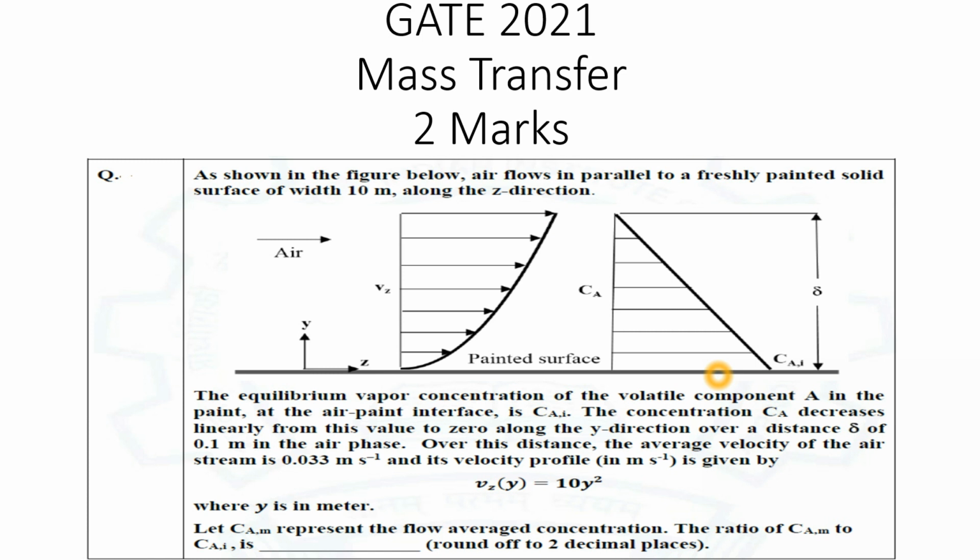Let Cm represent the flow average concentration. The ratio of Cm to Ci we need to calculate. What is Cm? Cm is the average concentration, and you know very well Ci is the maximum concentration. So we just need to calculate the ratio of average to maximum, rounded off to 2 decimal places.